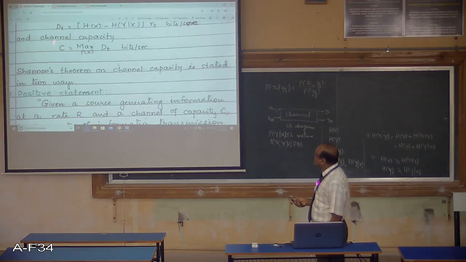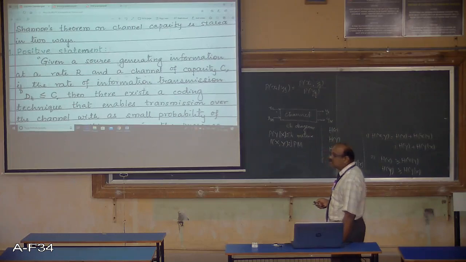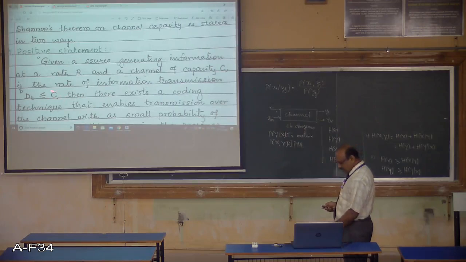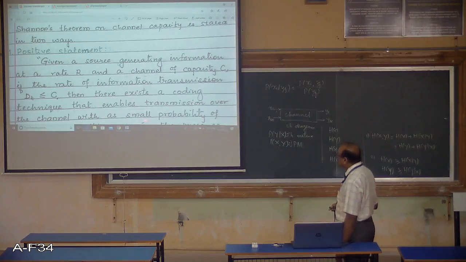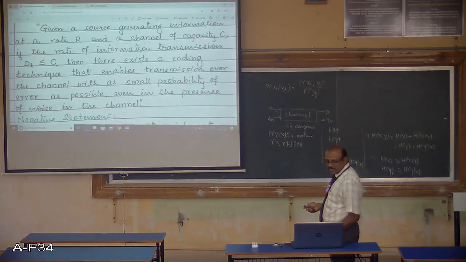The parameters associated with this are represented in the form of Shannon's theorem on channel capacity. Given a source generating information at a particular rate R, and a channel having maximum capacity C, if the rate of information transmission DT is less than or equal to the maximum capacity, then there exists a coding technique that enables transmission over the channel with as small a probability of error as possible, even in the presence of noise in the channel.